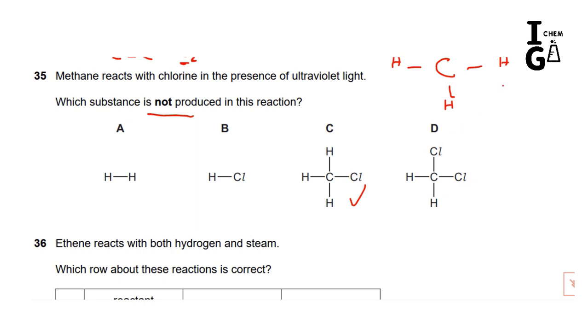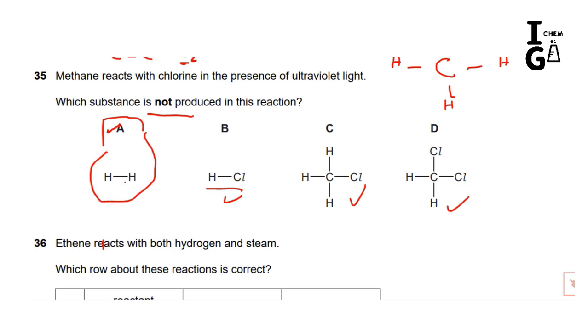And here also, if two chlorine atoms substitute two H's, it can form this and this. So this one also is correct. Again, we ask about not. So this one can be, this one can be. Also, guys, the removed H can also make a bond with Cl to form HCl. So this one also can be done. So the only correct answer for this is A. A is not produced in this reaction.